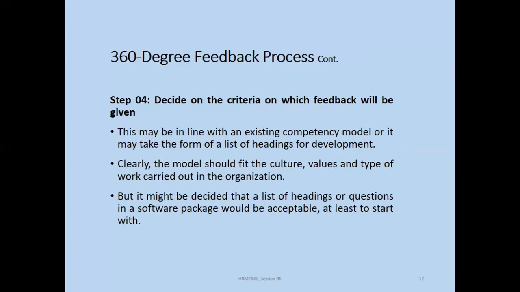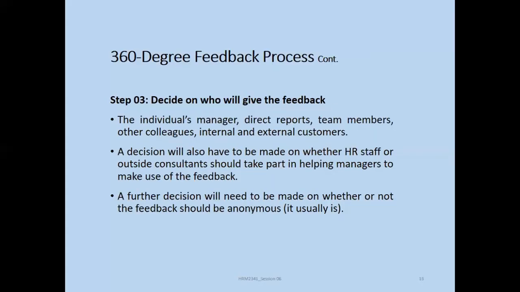The fourth step, before that, under the third step, if we decided these are the feedback generators, a decision will also have to be made on whether HR staff or outside consultants should take part in helping managers to make use of the feedback.